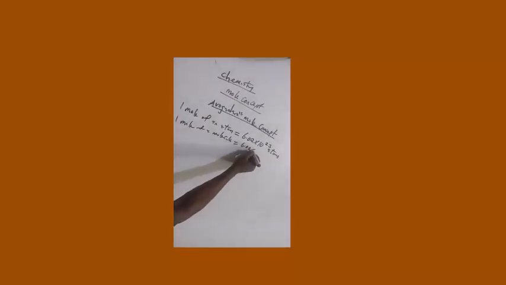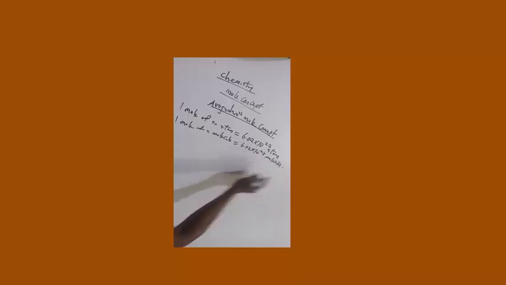If the element you are measuring is a molecule, 1 mole of a molecule, according to Avogadro, is going to be equal to 6.02 times 10 raised to the power 23 molecules. If the substance you are measuring is an ion, 1 mole of ion is going to be equal to 6.02 times 10 raised to the power 23 ions.